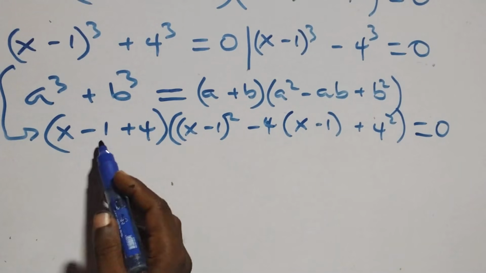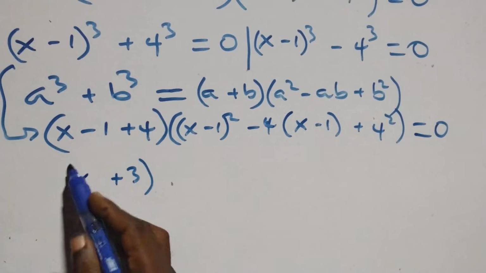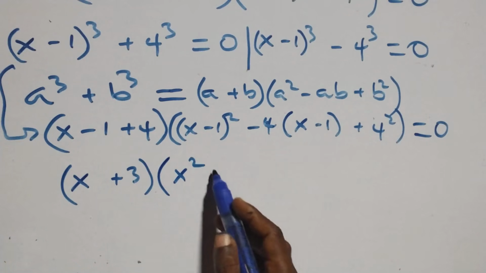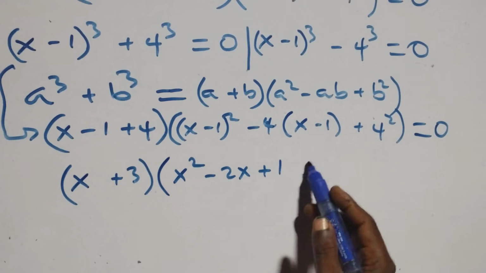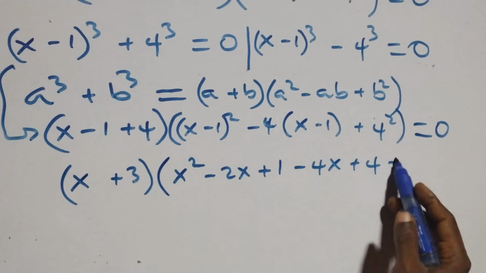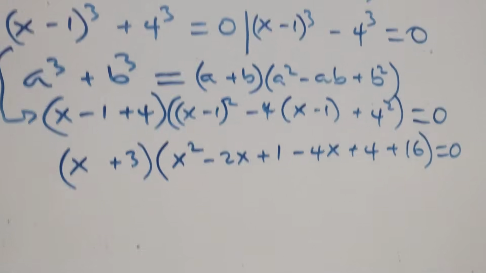That is minus 1 plus 4, that's 3, (x plus 3) into bracket, then expansion here gives us (x squared minus 2x plus 1, minus 4 times x minus 1 gives minus 4x plus 4, then plus 4 squared, that's 16) equals to 0 here.